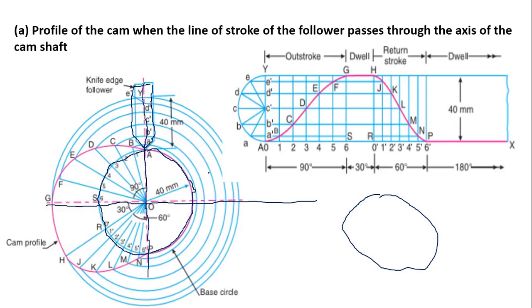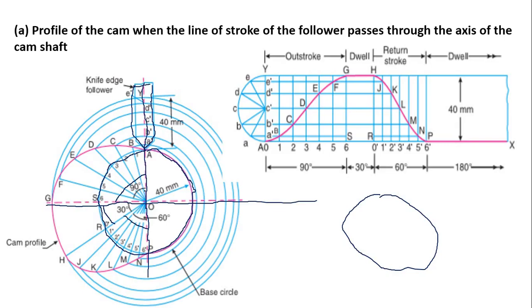Now for the outstroke, put a protractor here at the 0 point and divide this first outstroke into 90 degrees. First draw 90 degrees from this reference line. Now this is 90 degree, and for the next, this is 30 degree, and the next this is 60 degree.